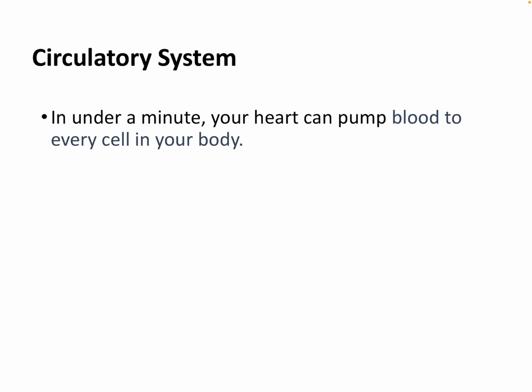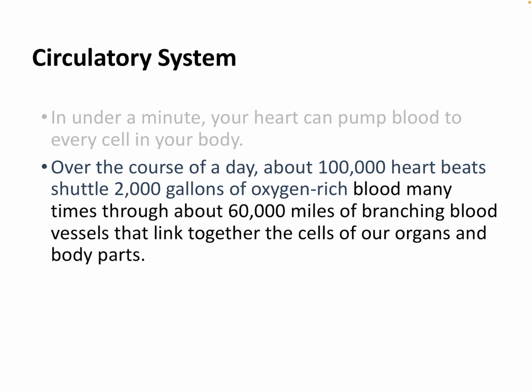When we look at the circulatory system, in under a minute, our heart can pump blood to every single cell in our body. And that's pretty cool when you think about it. Over the course of the day, we have about 100,000 heartbeats, and we move 2,000 gallons. Now that's 7,570 liters.